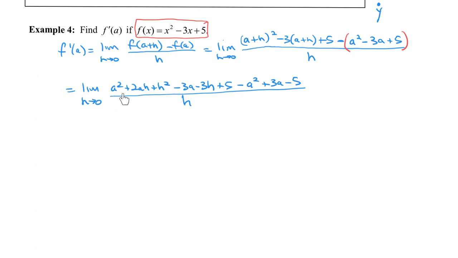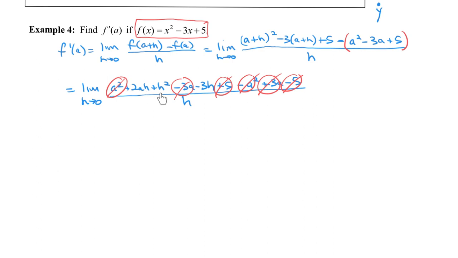So you've got a squared minus a squared, minus 3a plus 3a, plus 5 minus 5. I'm just going to group those together. They will go. Those will go. That goes.